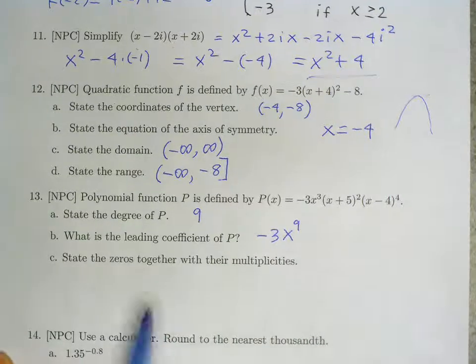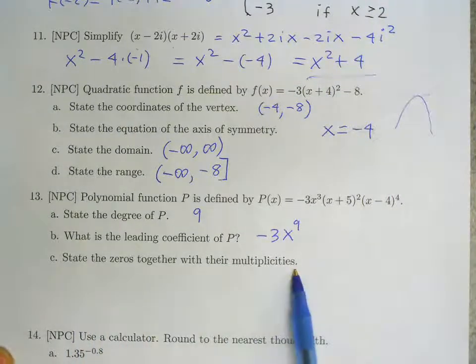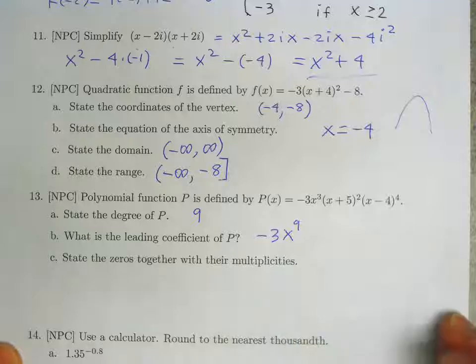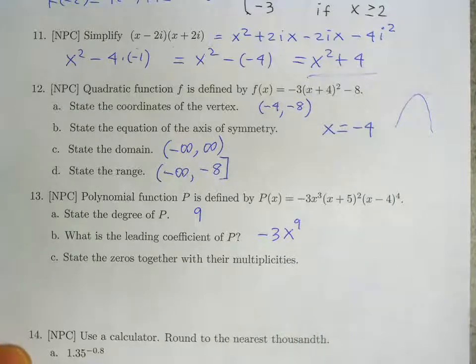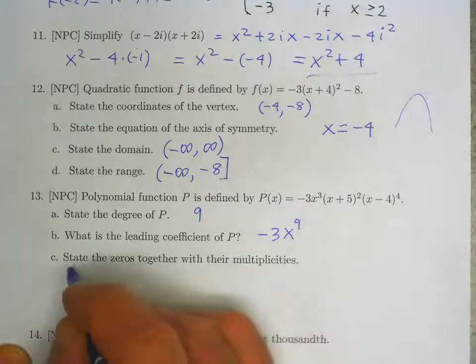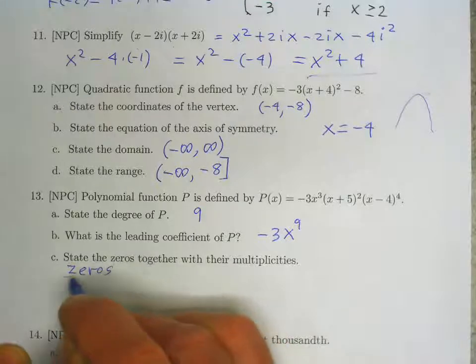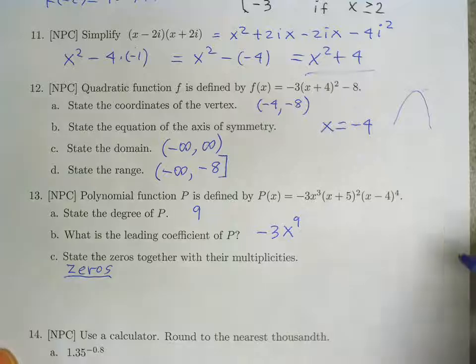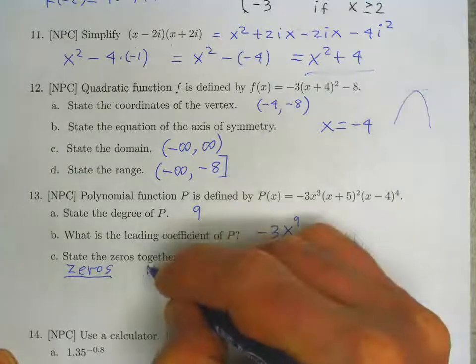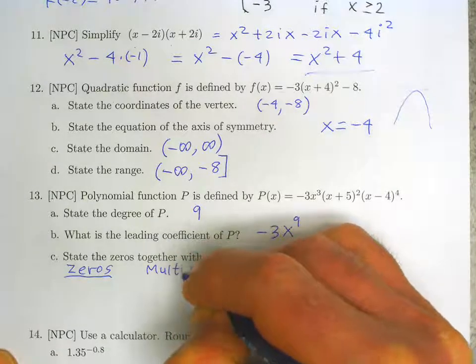Then it says state the zeros together with their multiplicities. Okay, so in one column I'll state the zeros, and in the column next to it I'll just list the multiplicities.